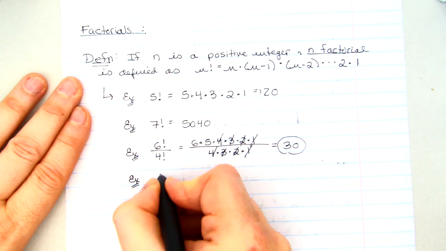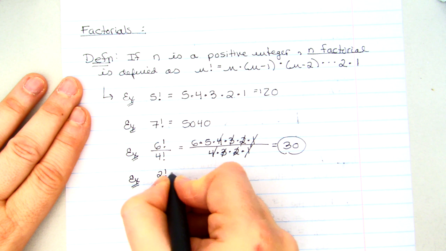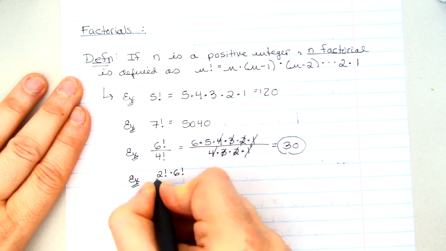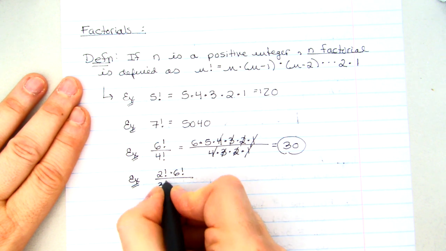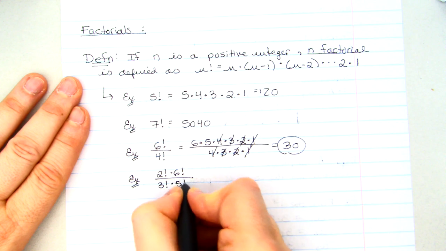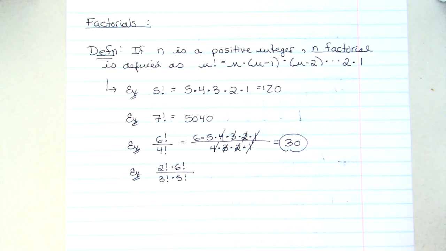How about you go do 2 factorial times 6 factorial divided by 3 factorial times 5 factorial. And again, I want you doing this without a calculator.